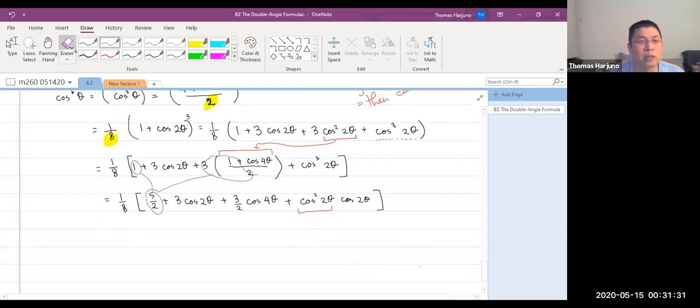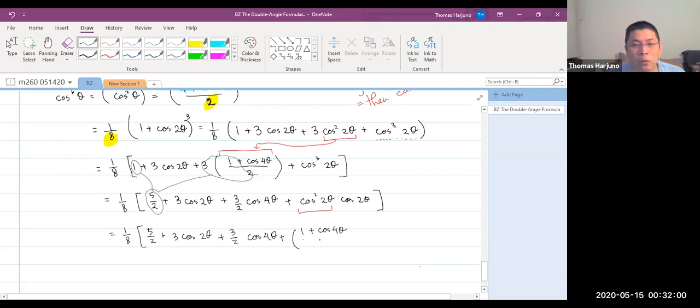So this will be 1/8 and then 5/2 plus 3 cosine 2 theta plus 3/2 cosine 4 theta plus 1 plus cosine 4 theta over 2 cosine 2 theta.